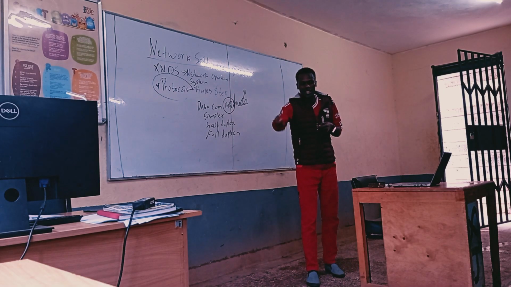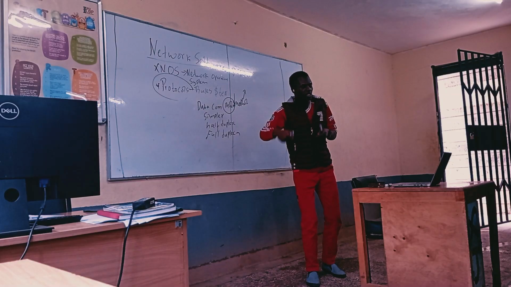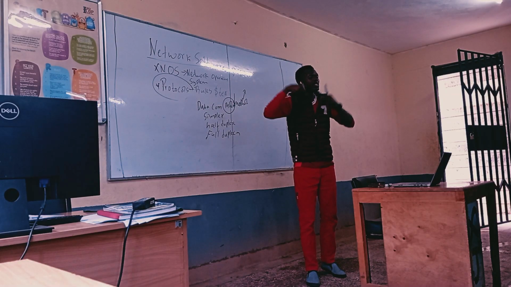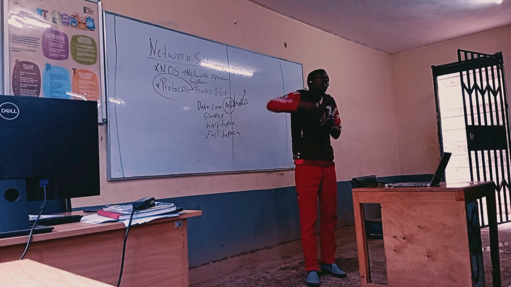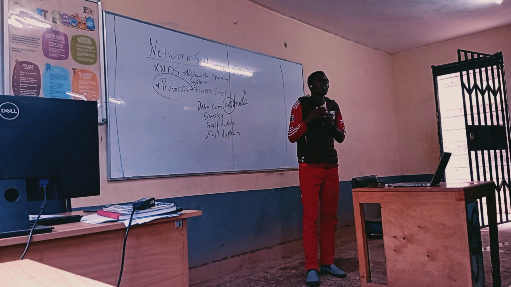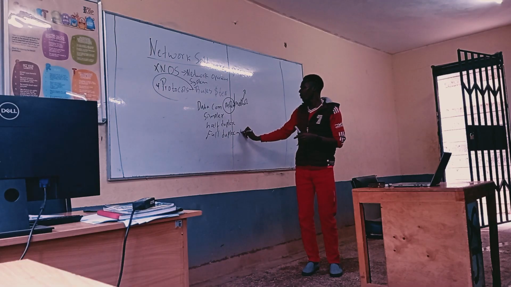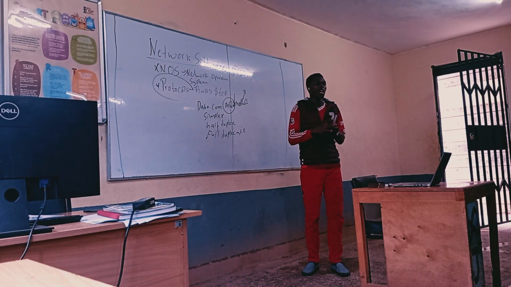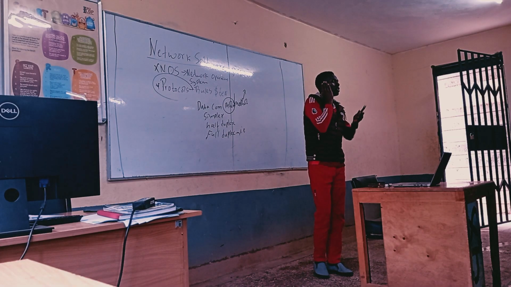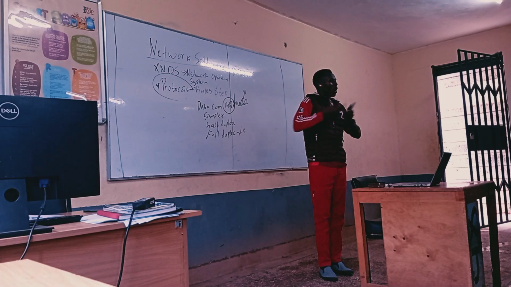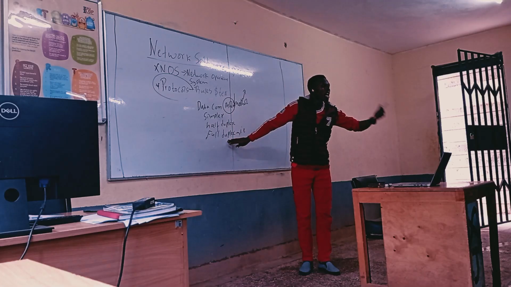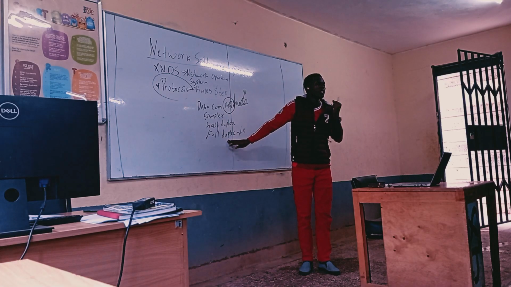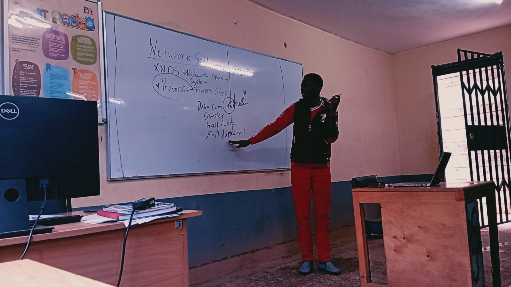A sender can receive at the same time. So you can send, and at that point where you are sending, you can also be receiving. We used an example like a mobile phone. You can call and you are arguing, you can talk at the same time a sound is coming in. So you can send and receive at the same time.